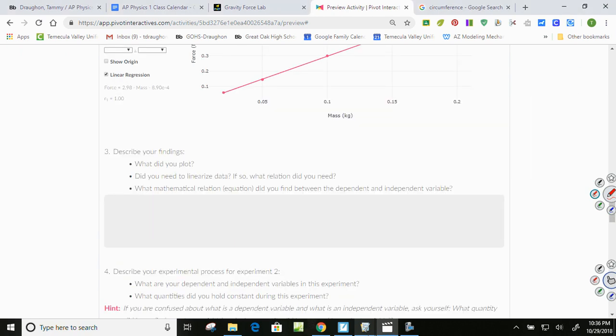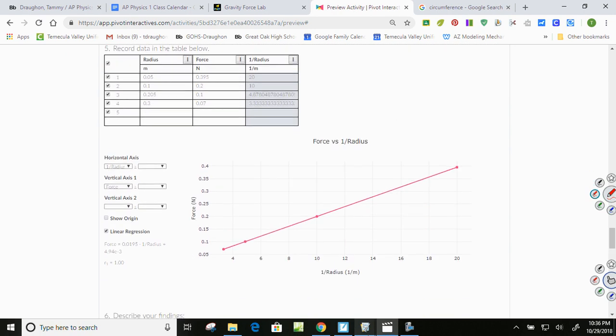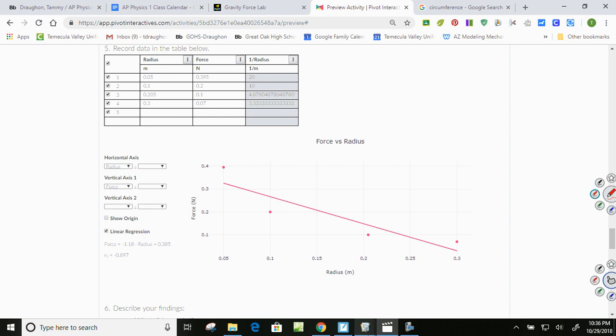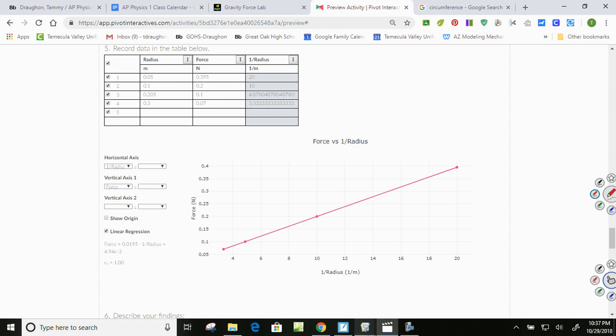Okay, let's go on to the next thing that we took data for. And we took data for radius and force. Now, the first thing I graphed was force on the y and radius on the x. And I got a curve. And that curve told me that maybe it's linear if I graph 1 over x. So then I tried 1 over the radius. And I got a nice straight line.